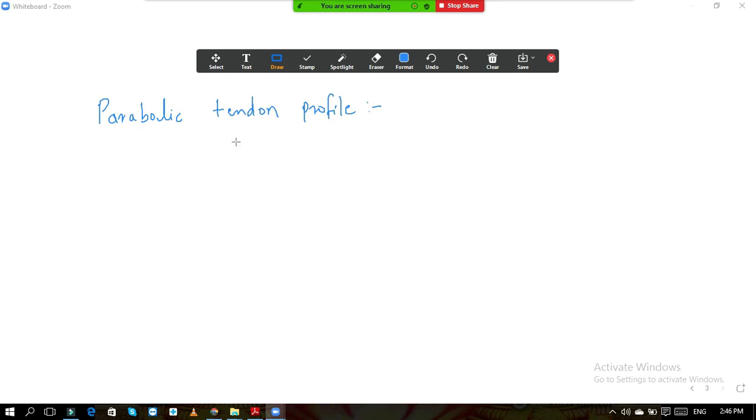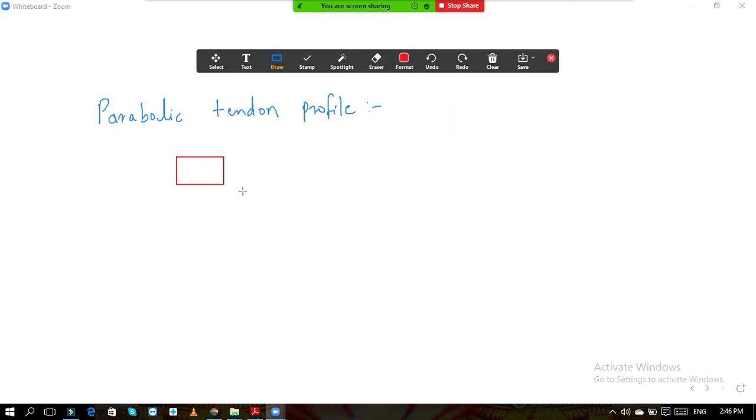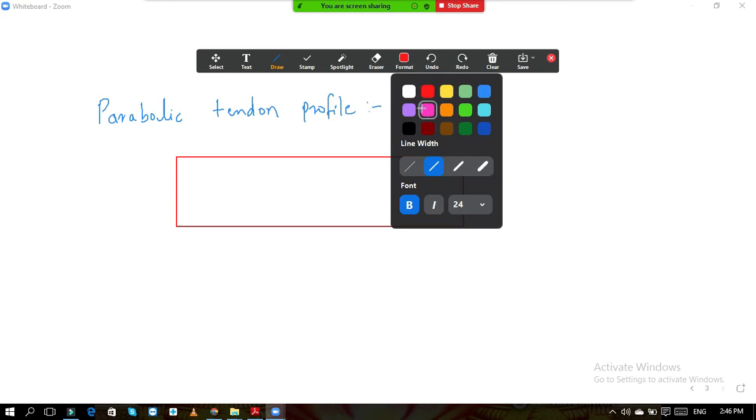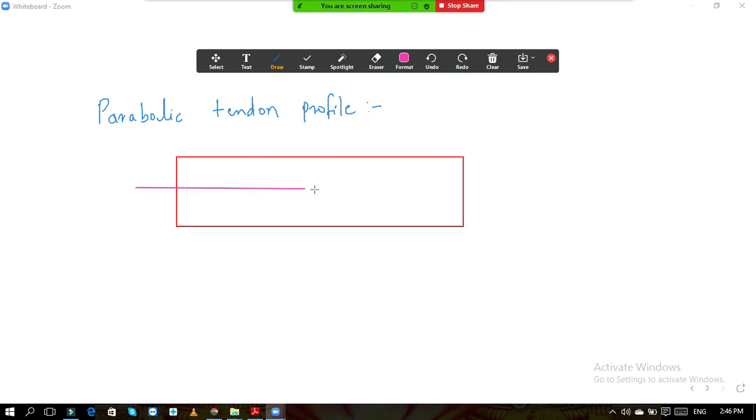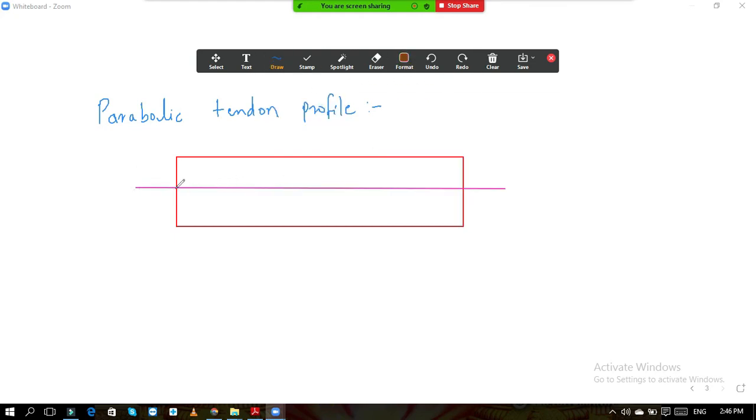So now if the tendon profile is parabolic, suppose this is your beam, this is the neutral axis, and now a tendon like this type is provided, parabolic.